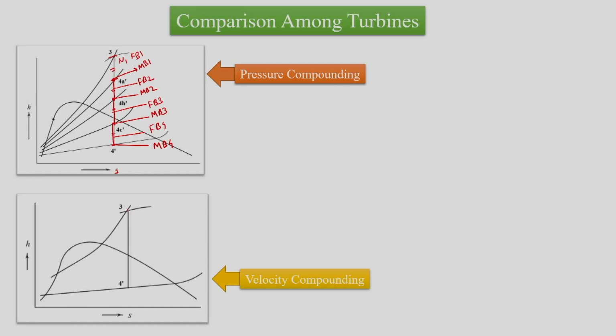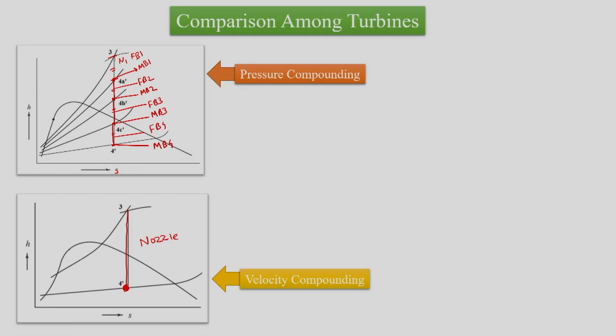So whole enthalpy drop is taking place in only one nozzle, and all the stages are sitting here at a point. If it is a 2-stage, then one point corresponds to all the 2 stages moving blades and corresponding stationary blades as well. If this is for 3-stage, then this point corresponds to all the 3-stage moving blades and also the stationary blades.